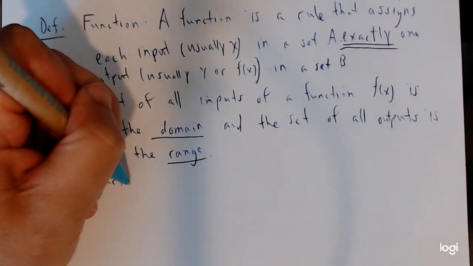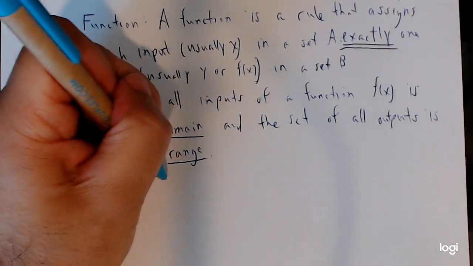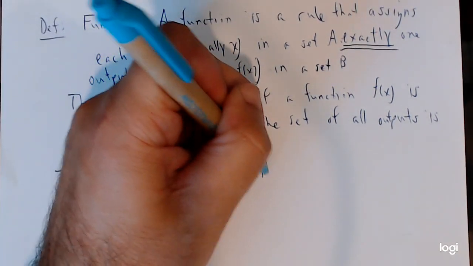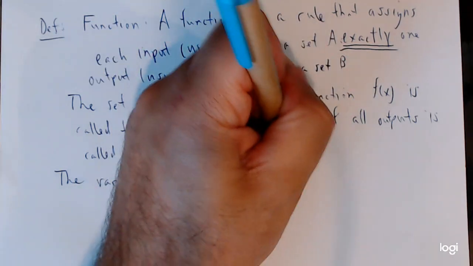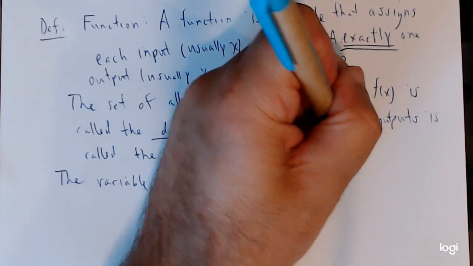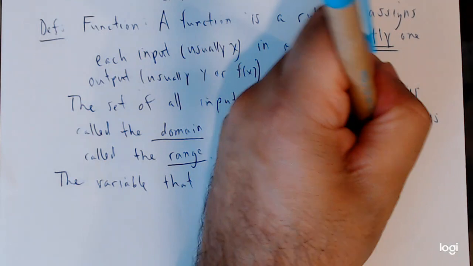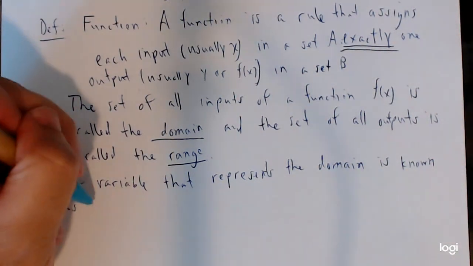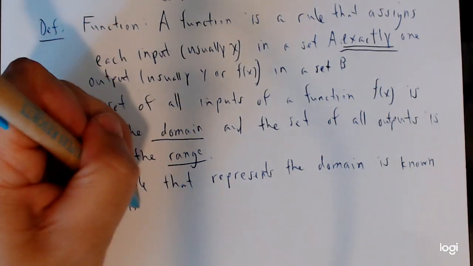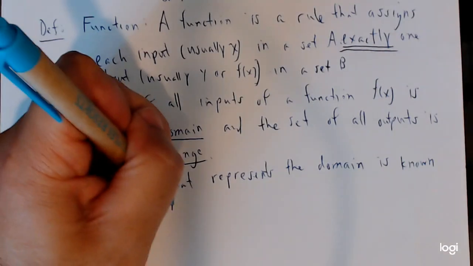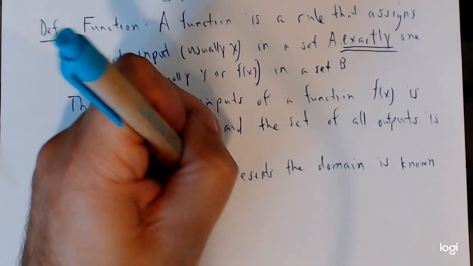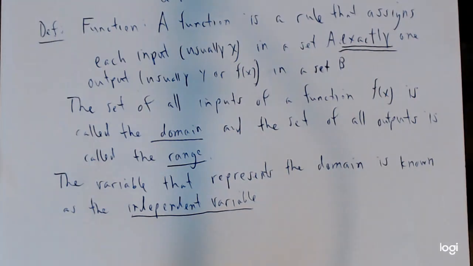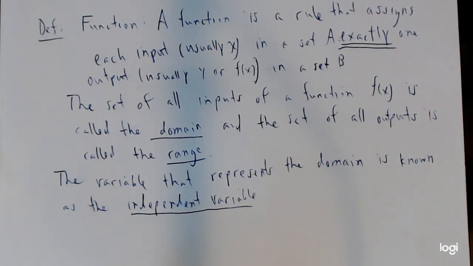Okay, so let's keep going with the definitions. The variable that represents the domain is known as the independent variable. Let's also underline that because that's a definition that we need to know.